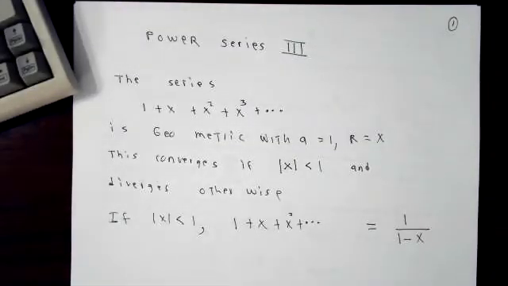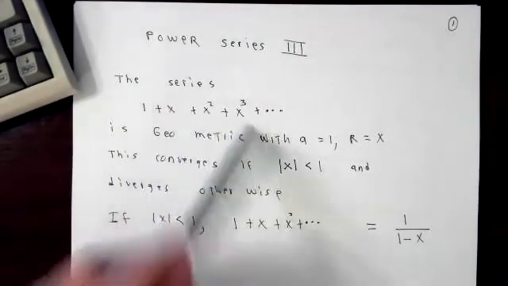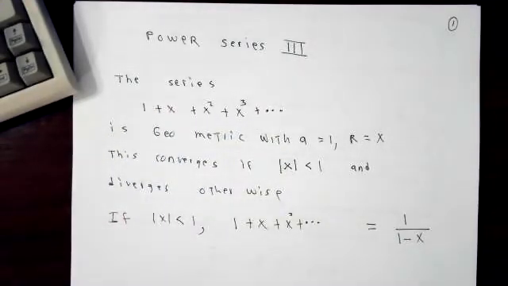To finish up power series, I want to look at a few minor things, and one thing that's often of use, the binomial theorem. So if you think about this infinite series, 1 plus x plus x squared plus x cubed, and so on and so forth, this is a geometric series.